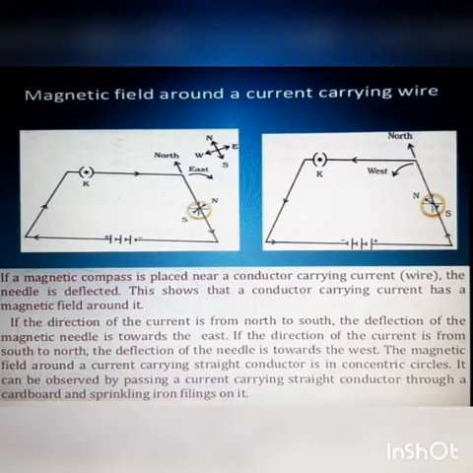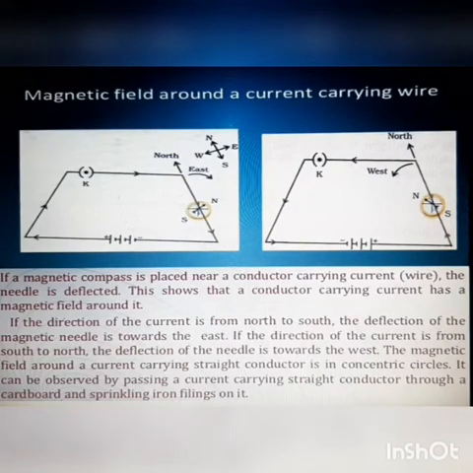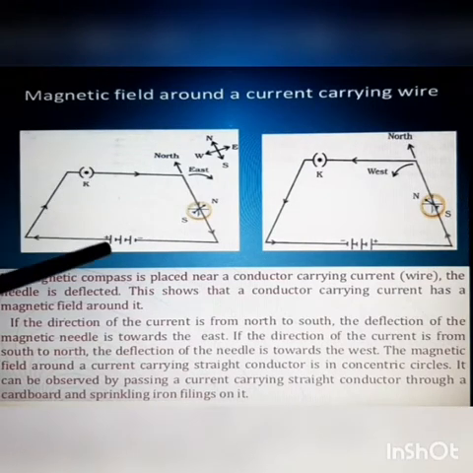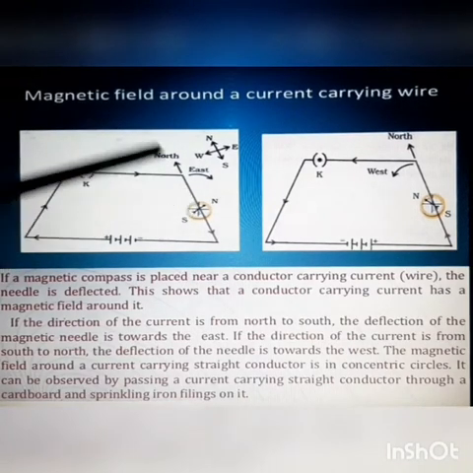Now we are going to learn about the magnetic field around a current carrying wire. For this, we have taken a simple circuit comprising a key and a battery. We have arranged it in such a way that current flows in the given direction.